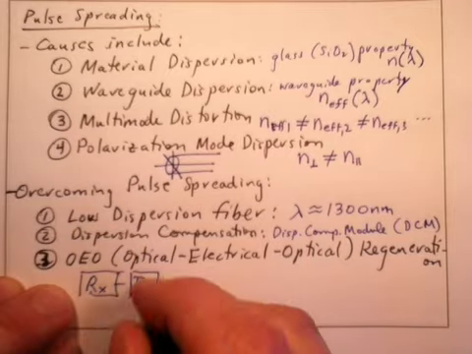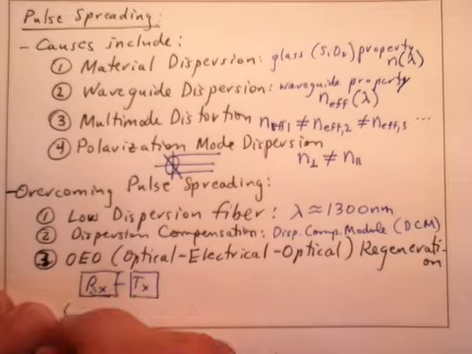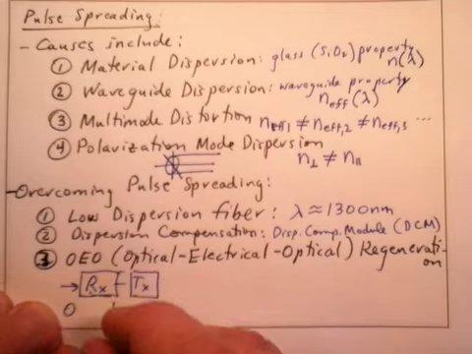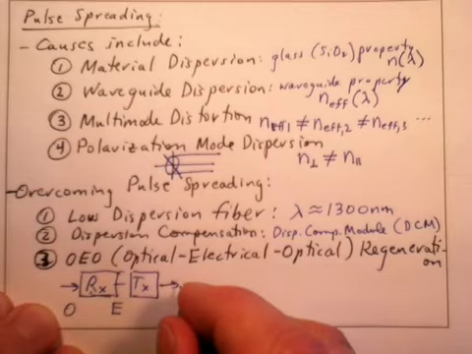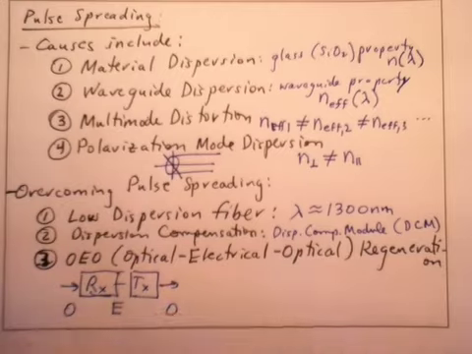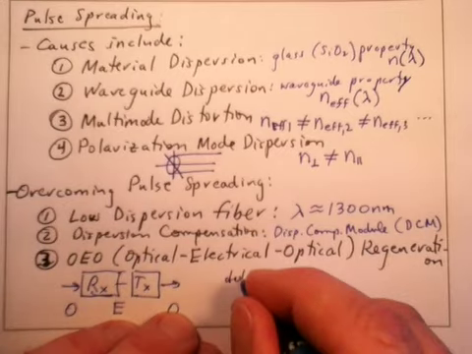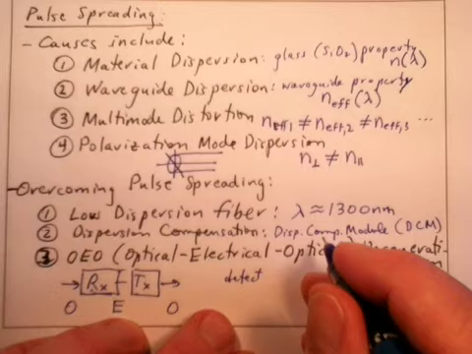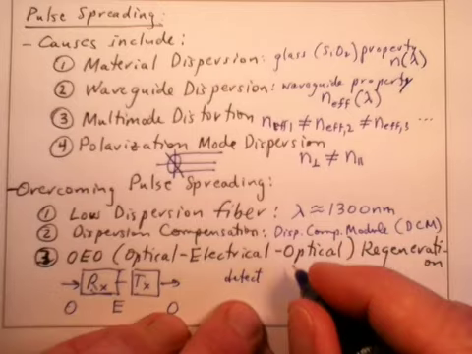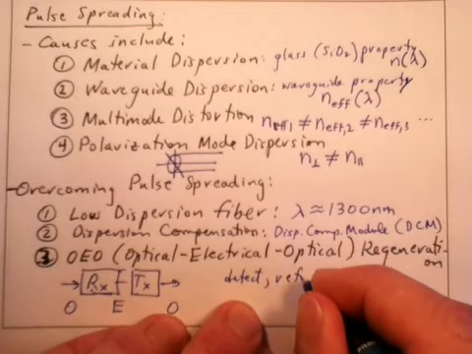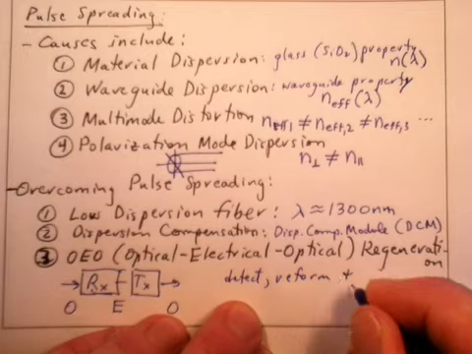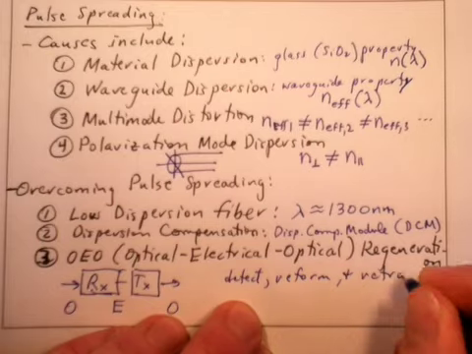Okay, and so we start off with an optical signal coming in, we have an electrical signal in the middle, and then we end up with an optical signal going out. So we detect, reform, and retransmit the signal.